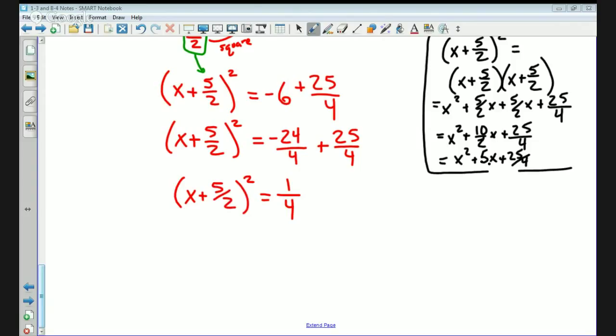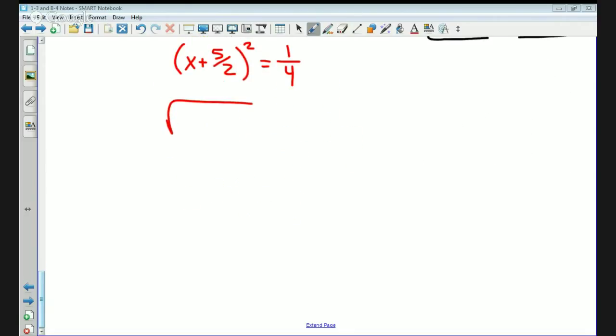And now here I have something that allows me to use that solving by the square root property. I can just take the square root of each side now and solve for the x. And remembering to put in a plus or minus.